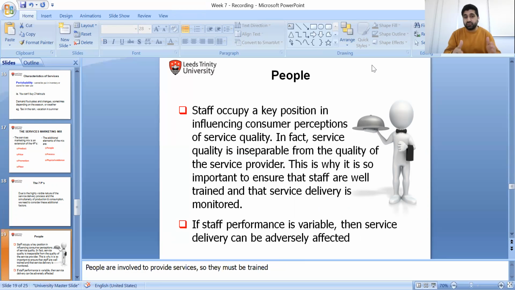Once they are providing services, they are motivating and satisfying their customers. It is so important to ensure that staff are well trained and the service delivery is monitored. If staff performance varies, then service delivery can be adversely affected.